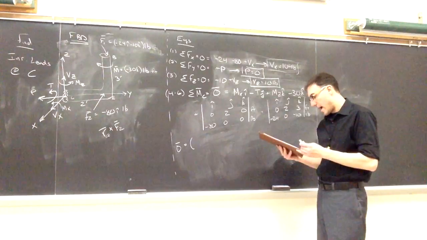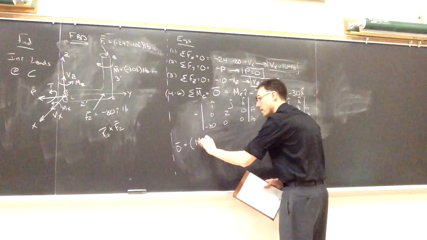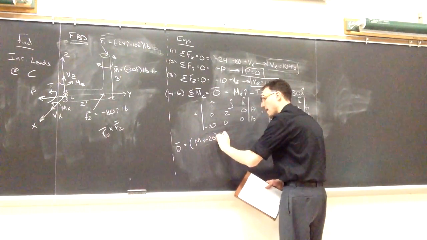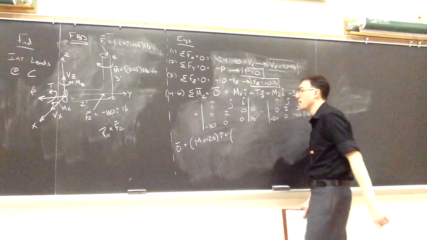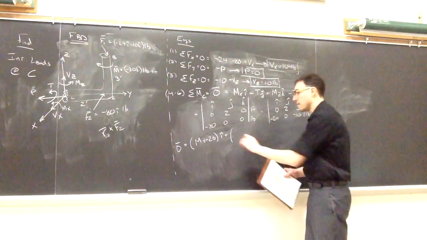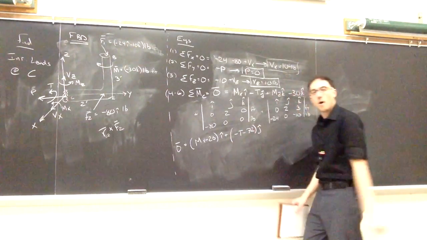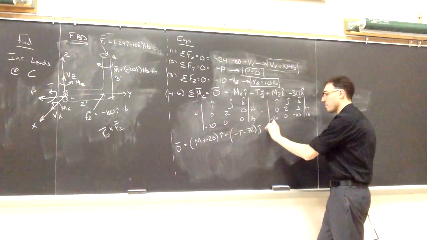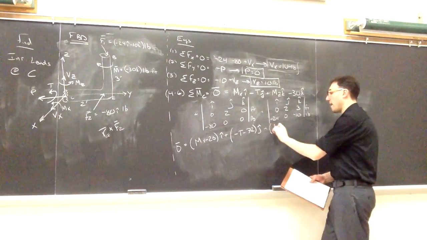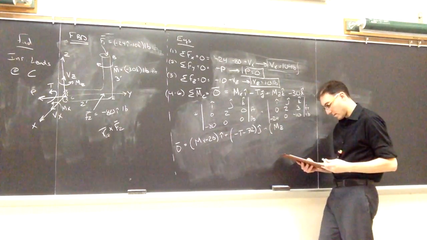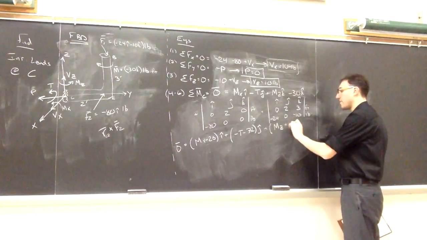So I get out of my i's, Mx minus 20. Both have i terms. I will get negative T minus 72 are my j terms. And my k terms, I'll have Mz plus 178.